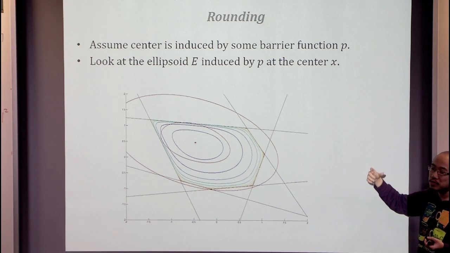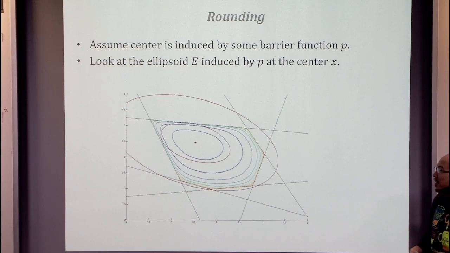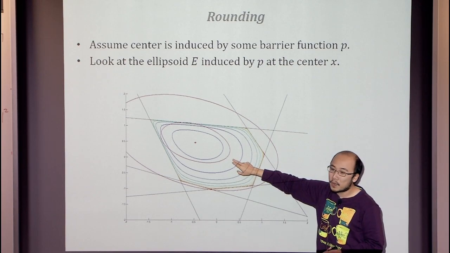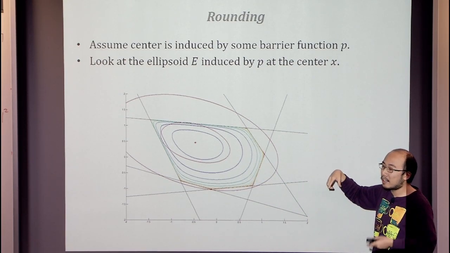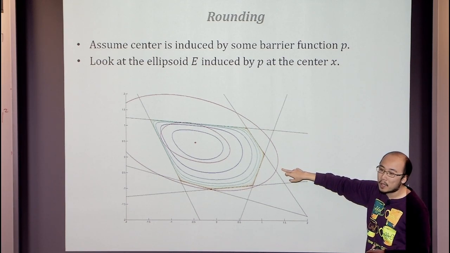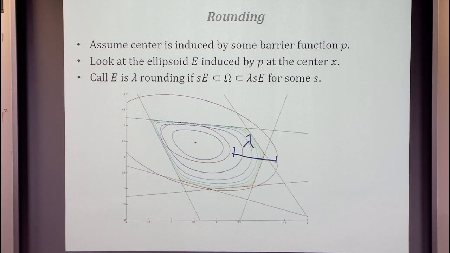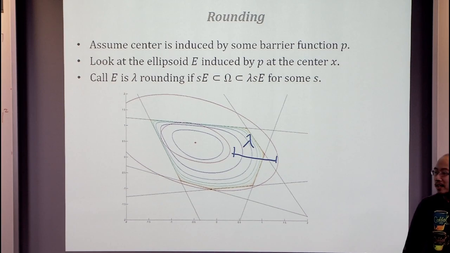Because it is a convex function, locally the contour lines look like ellipsoids. If you enlarge your ellipsoid until it touches the polytope, you get the first ellipsoid. When you continue to enlarge your ellipsoid, you will cover the whole polytope, and you get the second ellipsoid. We call it a lambda rounding if the ratio of the two ellipsoids is lambda.